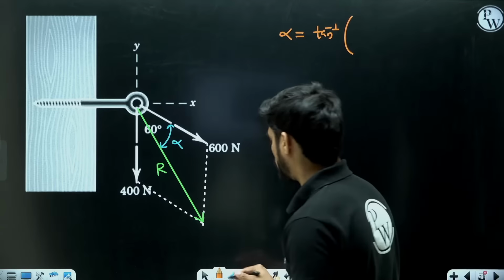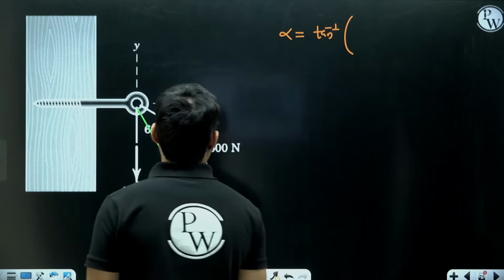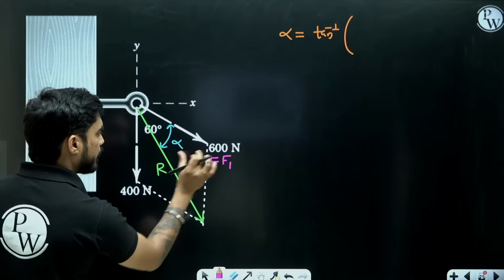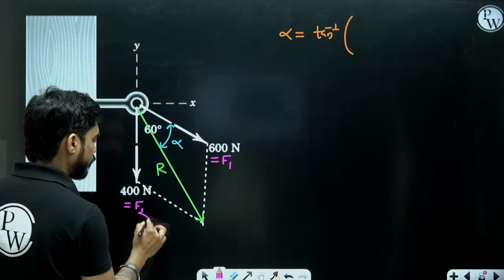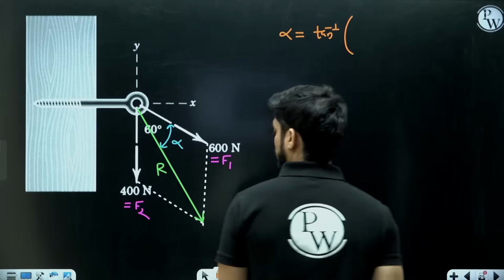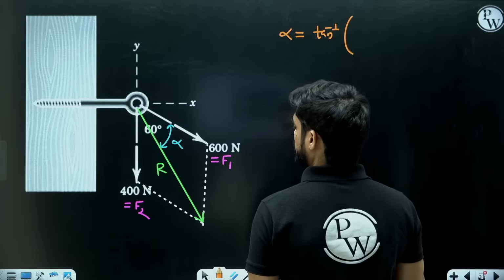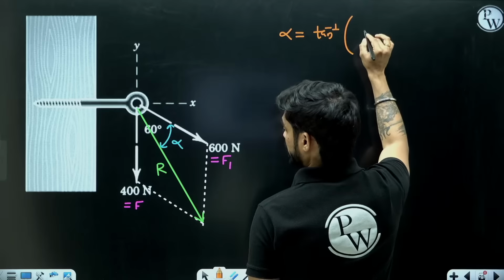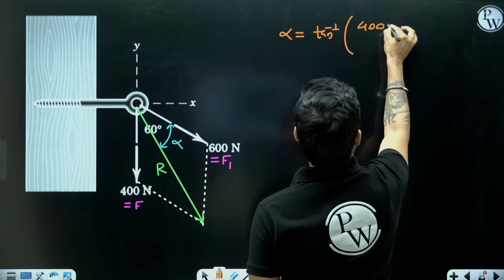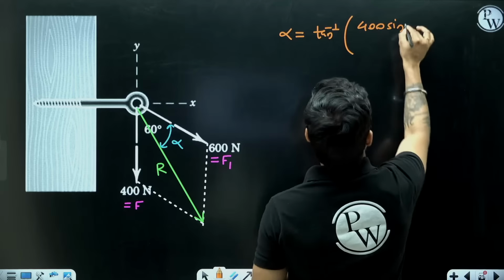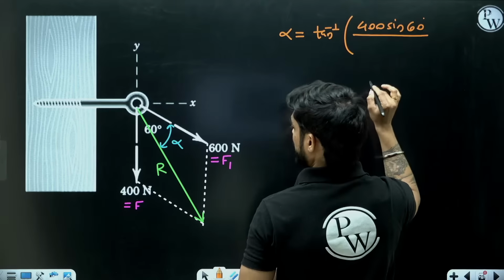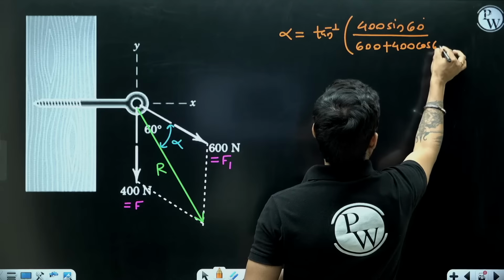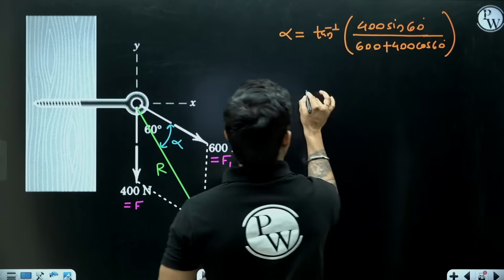Now in this case, what is my F1? So this will be my F1 because I am calculating the angle between the resultant and this, and this is my F2. So what will be my formula then? Tan inverse of 400 sin 60 degree divided by 600 plus 400 cos 60 degree.